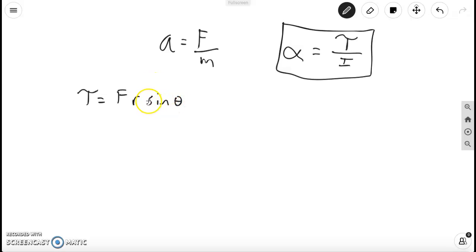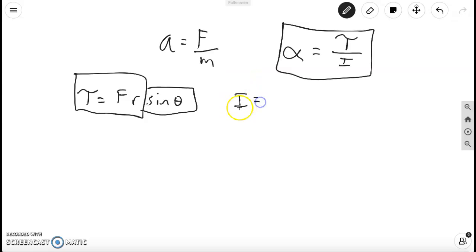Remember, if it's applied perpendicular, then that sine theta will equal 1, so it's just torque equals force times radius. But if the force is not applied perpendicular to the object, then it's important to include this sine theta. And then our equation for moment of inertia, at least for a hoop, is I equals mr squared, mass times the radius of the object squared. Okay? So we'll keep those in mind as we work through this practice problem.